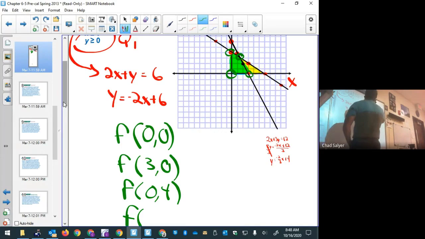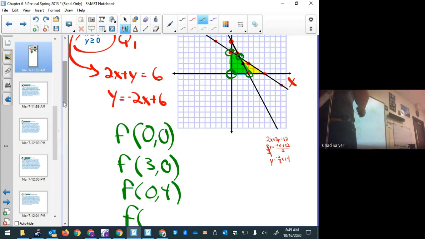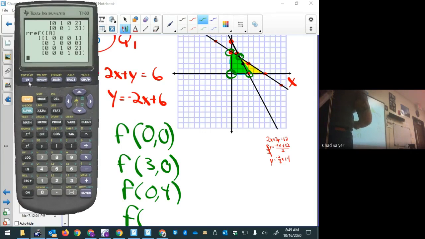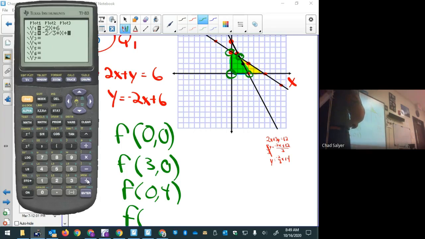It looks like it occurs at 1, 3, but let's put them in our calculator just to make sure. So if I go negative 2x plus 6, and then negative 2/3 x plus 4, and I zoom 6, which gives me the standard window, what we see here.